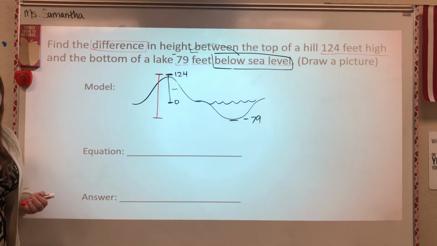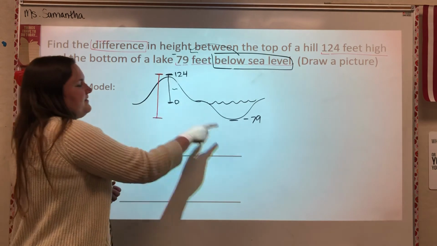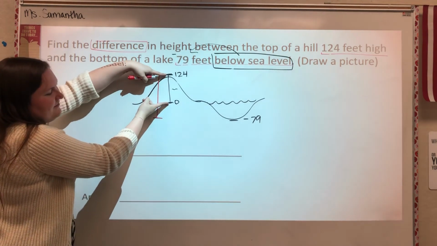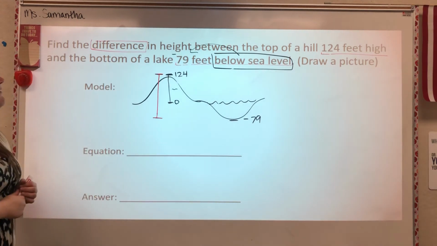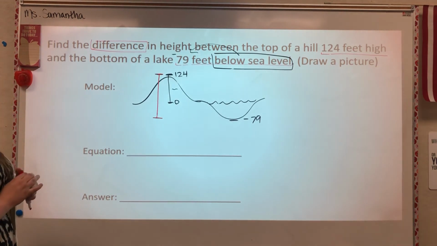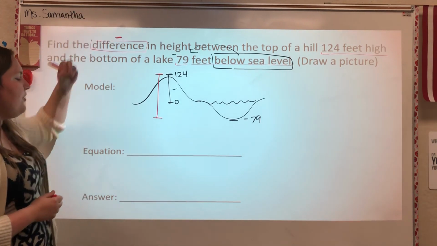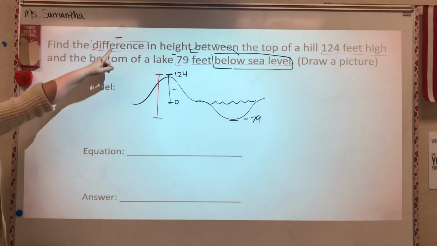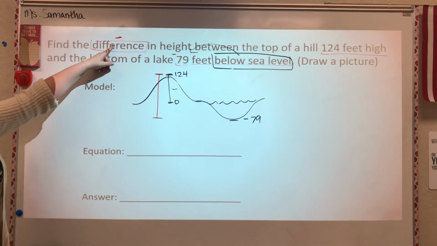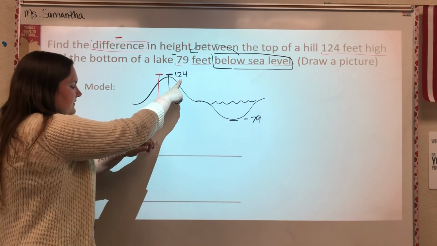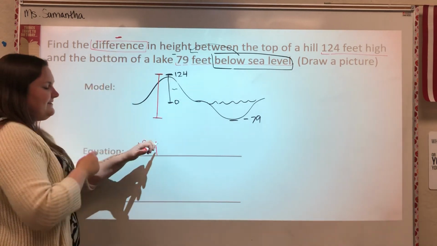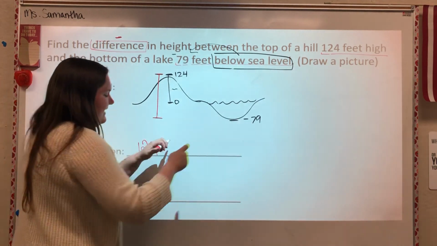So when it comes to the math, what do you think we're going to have to do with these numbers? Well, I need this part plus this part to find that total. The question students might ask is, well, difference, we learned earlier that difference means subtract. When we go to write this equation, if you're trying to use a subtraction sign, you're finding the difference between 124 minus that negative 79.